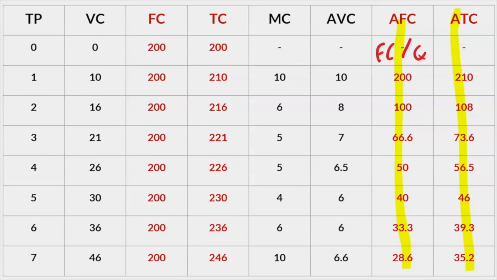Our average total cost is just our total cost divided by quantity, or total produced. And so if our fixed cost and total cost change, it stands to reason that our average fixed cost and our average total cost also change here. And you can check the math here, but the math is going to work out.